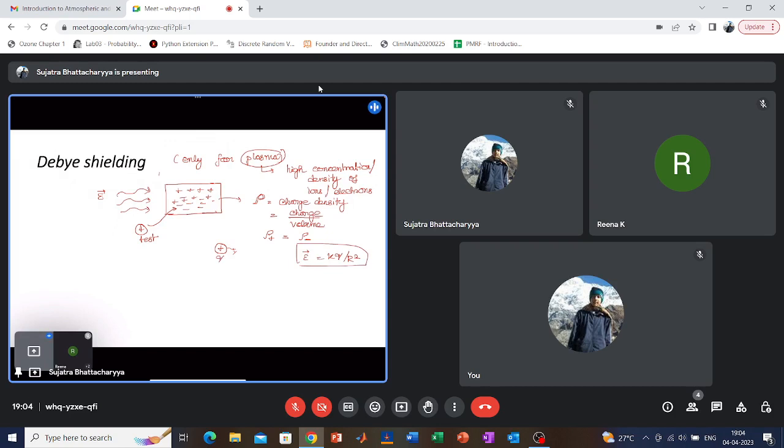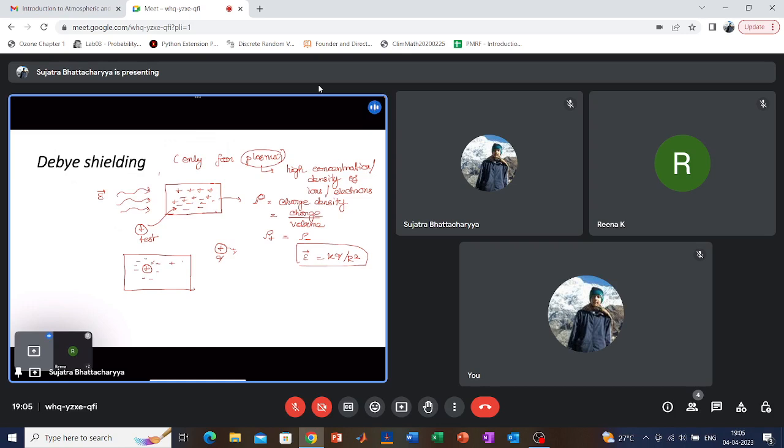Now what will happen is that within this plasma, if we put a positive test charge, then what will happen? Intuitively, what should happen? See, these electrons are present, positive charges are also present. So electrons will start attracting towards this particular positive charge.